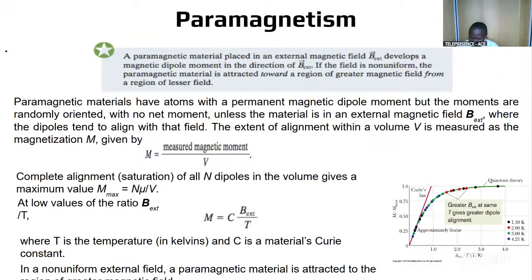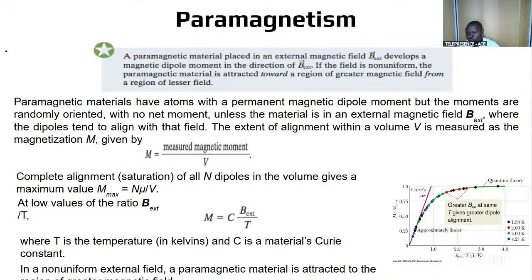The diamagnetic material also develops a magnetic dipole moment, but in the opposite direction to the applied field. A paramagnetic material will develop a magnetic dipole in the same direction as the applied field.